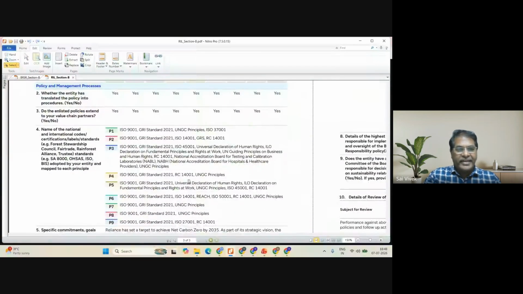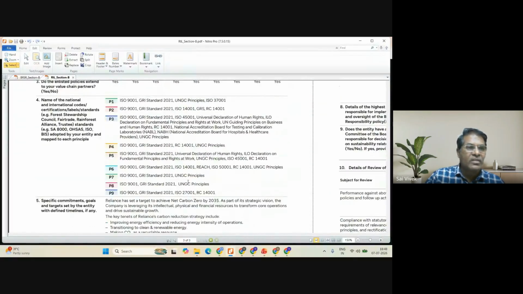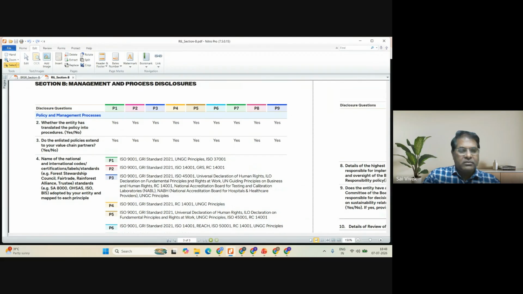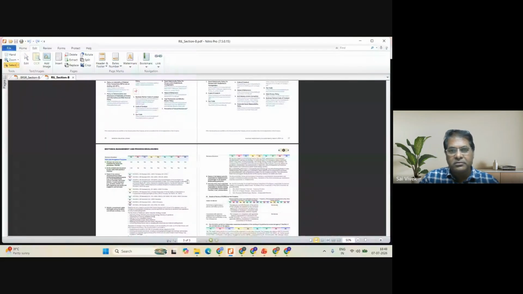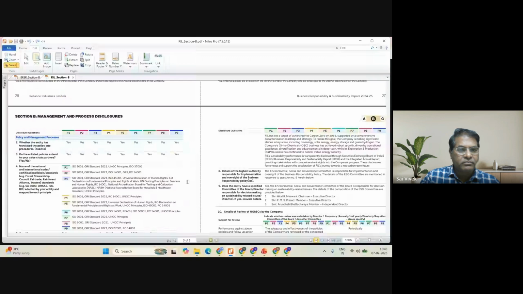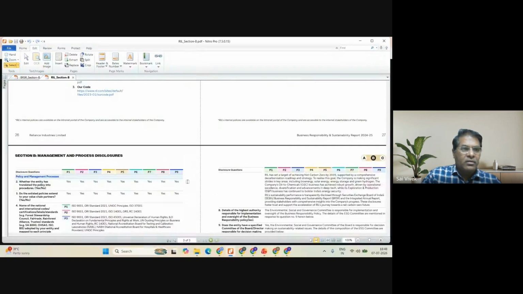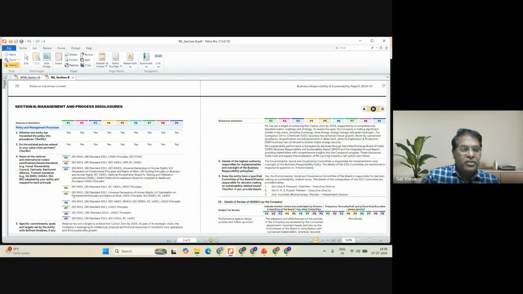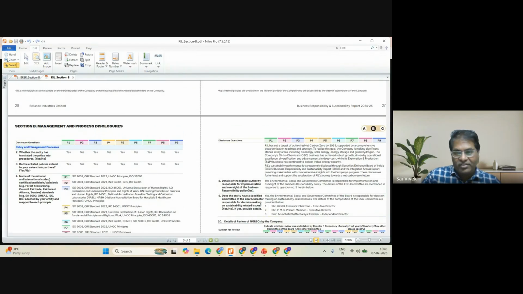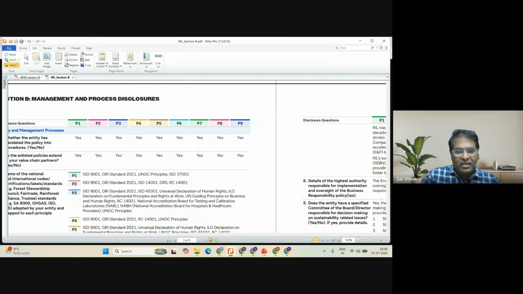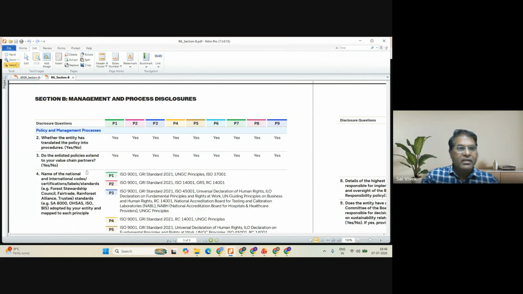So coming to the next one. So that was the first question. Coming to the second question. First question, A, B, C parts we have seen. Coming to the second question, whether the entity has translated the policy into procedures, whether there are SOPs or not, standard operating procedures.